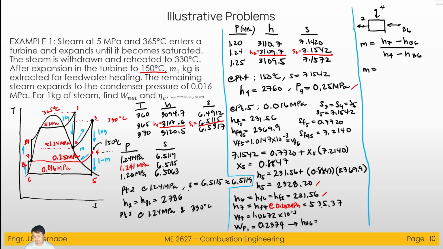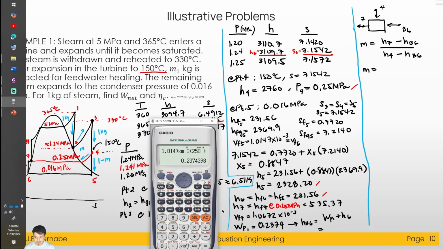That is equal to H6 plus pump work, so pump work 1 plus H6. So this will be H6, 231.56 plus this answer.